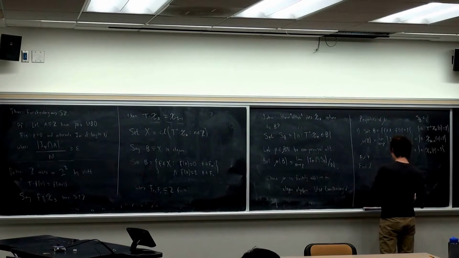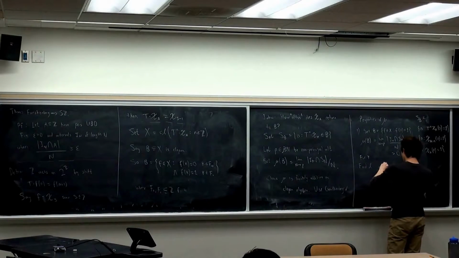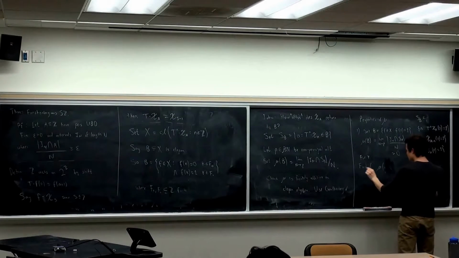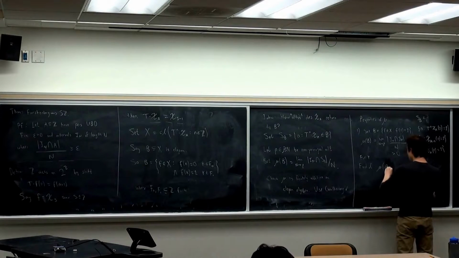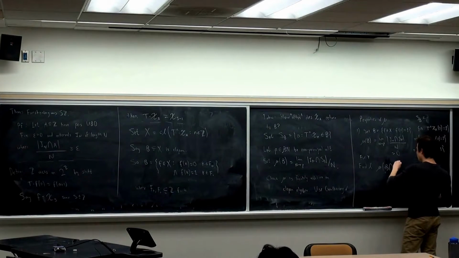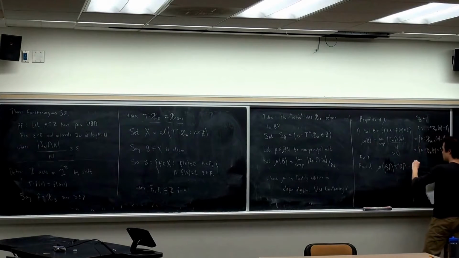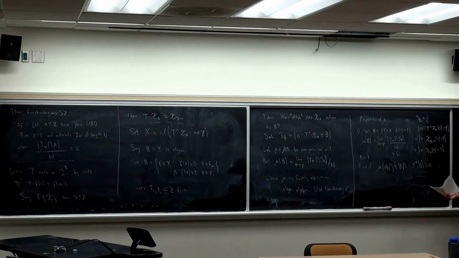Let's find an L so that the measure of B intersect T^(-L) B, intersect all the way up to T^(-kL) B, is greater than 0. This is what Furstenberg told us we could do.